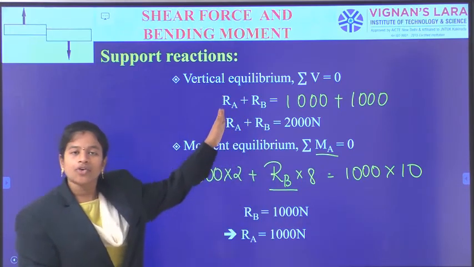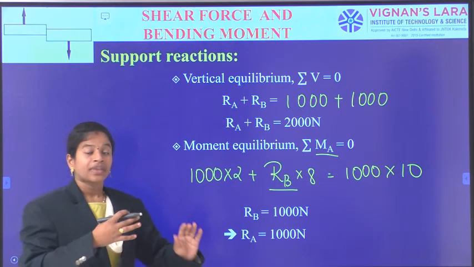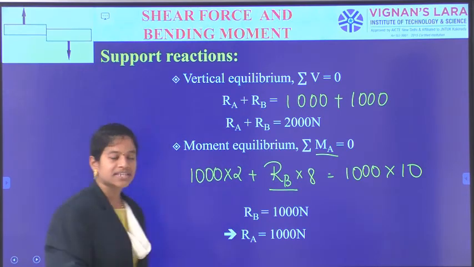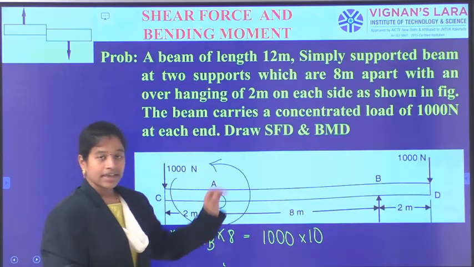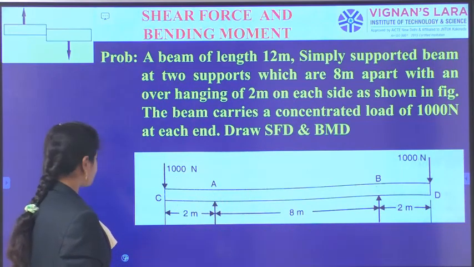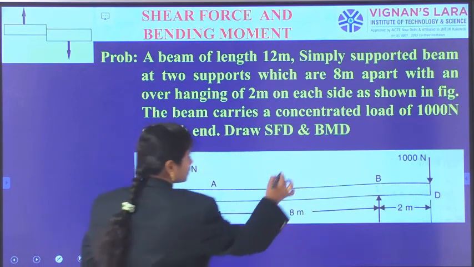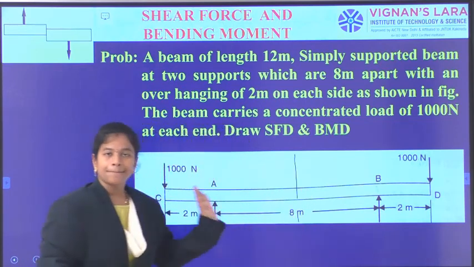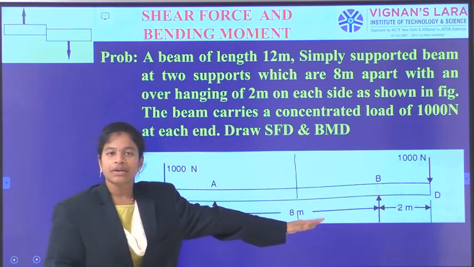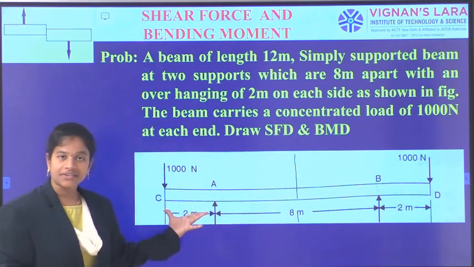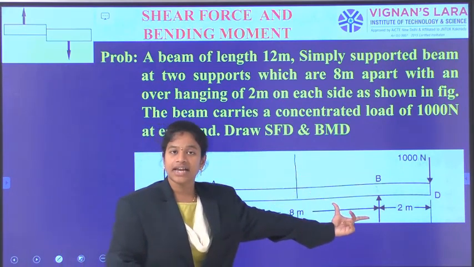Without doing all these things also, as we have already mentioned, when the loading is symmetrical about the center, with the complete length of the beam and the center line indicated, the complete left and right structures are symmetrical.